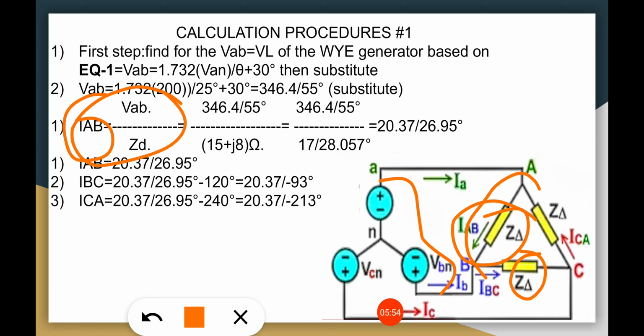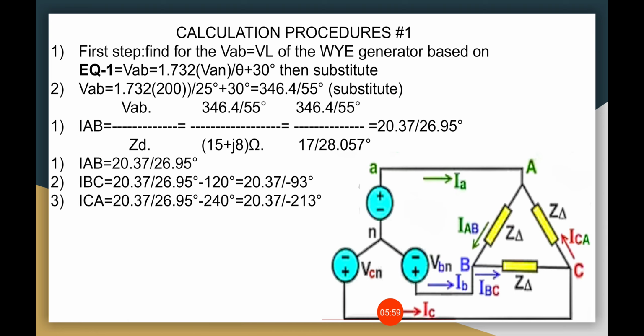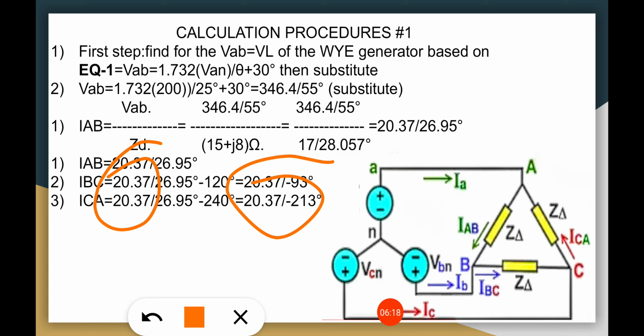It's all the same, and we have this value here. The magnitudes are all the same because it's a balanced load. If you want to get IBC, you just have to subtract 120 degrees from the phase angle, and for ICA, 240, and there you go, you have all of these.